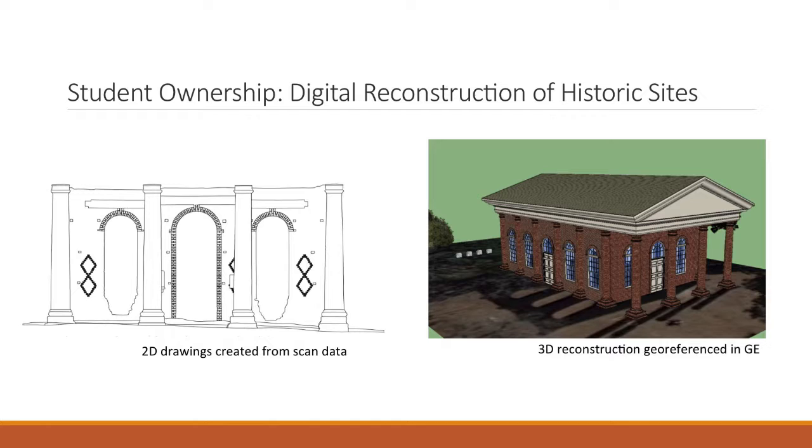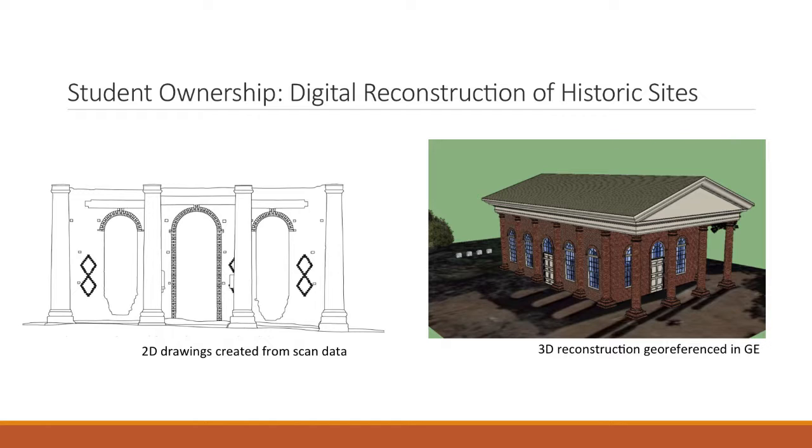Again, like some of the discussions in the previous talk, these students are coming in from all various backgrounds. They're undergrad and graduate, and most of them don't have experience using this sort of technology. So something accessible like SketchUp works pretty well.